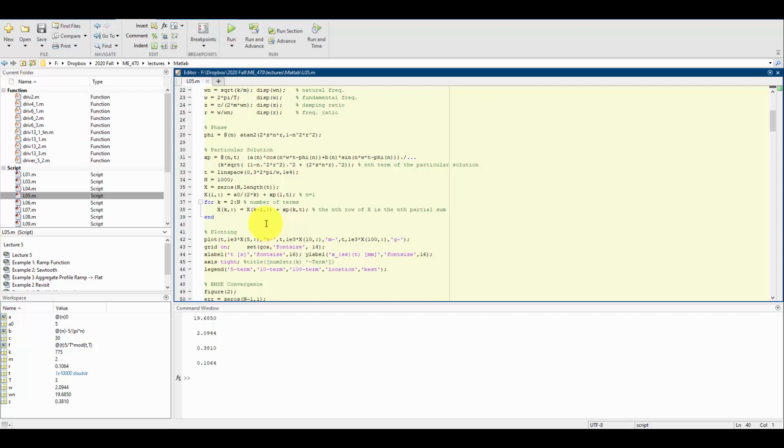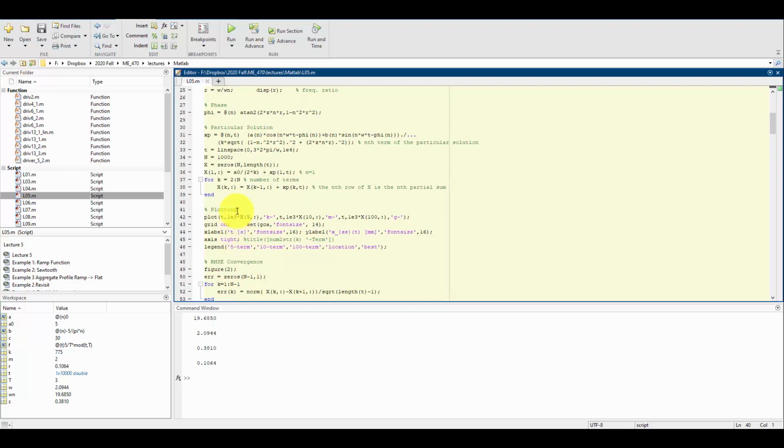I could also do it with a cum sum, and then I wouldn't have to be adding the previous row to find my current row. But it's the same idea I was using in section 1, just implemented a little bit differently. So every row of big X is going to be the nth partial sum. The lower down I go in that matrix of X, the more terms I'm going to be using.